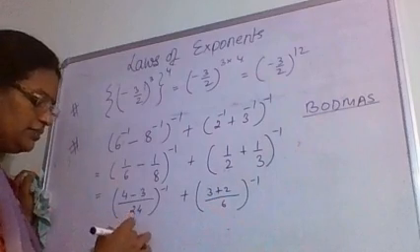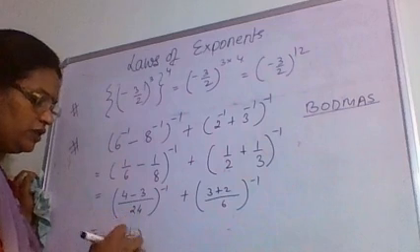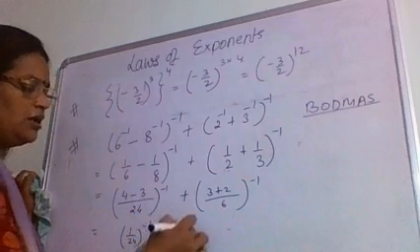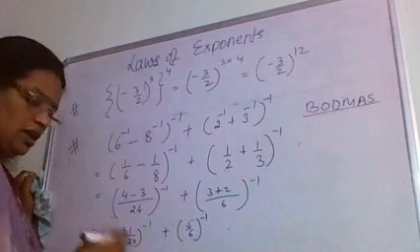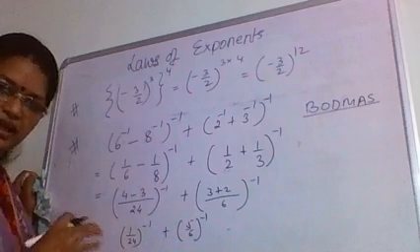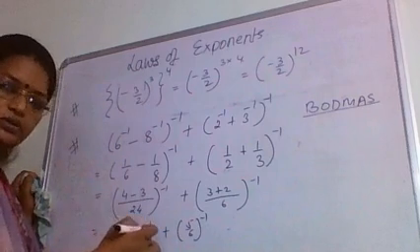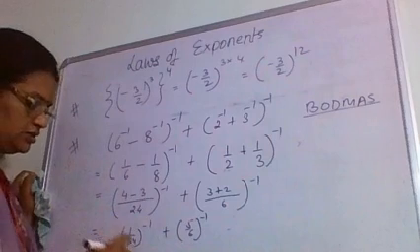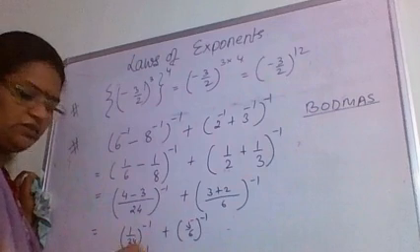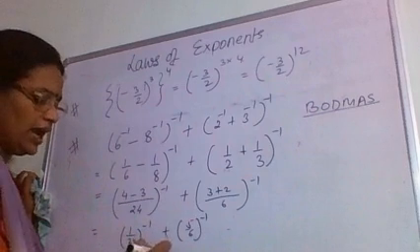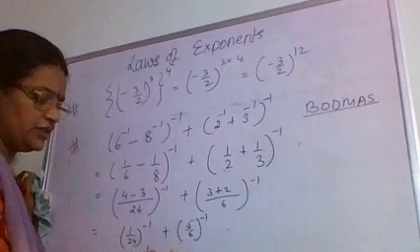Again this can be written as 1 by 24, the whole raised to power minus 1, plus 5 by 6 raised to power minus 1. Now my bracket terms get simplified, so I come to the outside of the bracket. This can be written as 24 raised to power 1, because denominator 1 is not necessary, and here 6 by 5 raised to power 1.